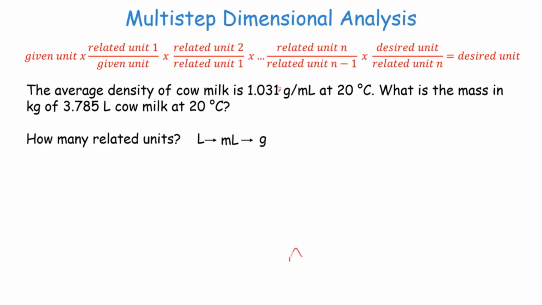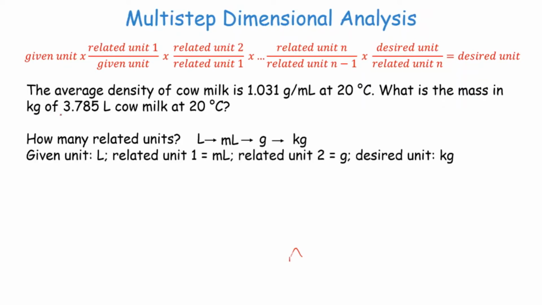And now, since grams is not the unit for what is asked, which is kilograms, we need to convert one more time, to kilograms. So now you see the given unit is a liter, related unit 1 is milliliter, related unit 2 is gram, and the desired unit is kilogram. Now we are ready to work on this question.